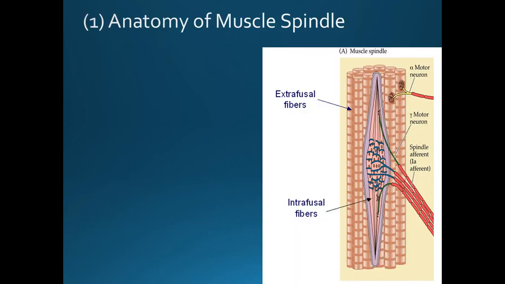Anatomy of muscle spindle. In this figure, there are extrafusal fibers and intrafusal fibers. It also shows the alpha motor neurons connected with extrafusal muscle fibers, and the gamma motor neuron connected with intrafusal muscle fibers, not grouped but interspaced.